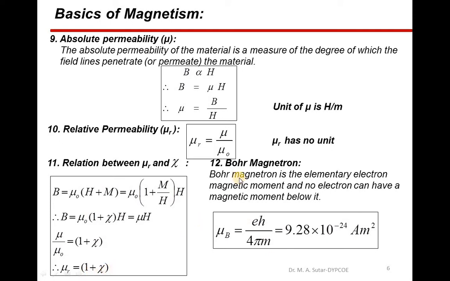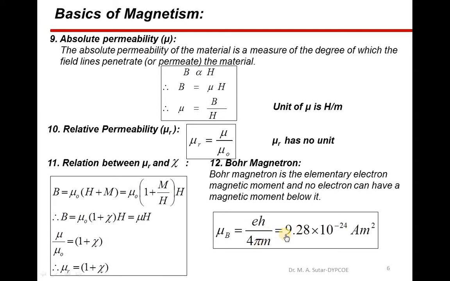The last term is the Bohr magneton. It is the smallest magnetic moment possible. Below this value, no one can find a smaller value of the magnetic moment. mu B is equal to eh upon 4 pi m, where e is the charge on the electron, h is Planck's constant, and m is the mass of the electron.